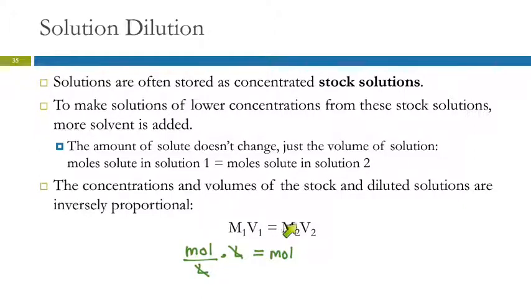And over here, the molarity of the second solution times the volume of the second solution, moles per liter times liters, that also gives me the moles of solute. This equation works because when you add more solvent, you're not changing the amount of solute.